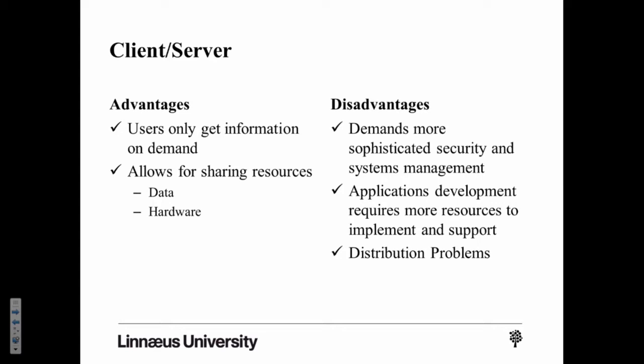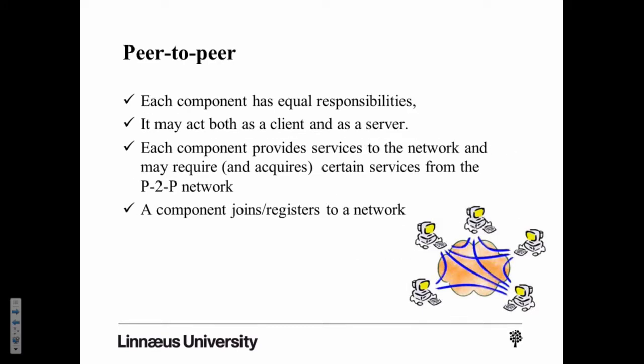For instance, a client server is more work than a monolith, typically. Not necessarily, but typically. We have the problem of scalability, single point of failure. And we talked about peer-to-peer as a way to address that.